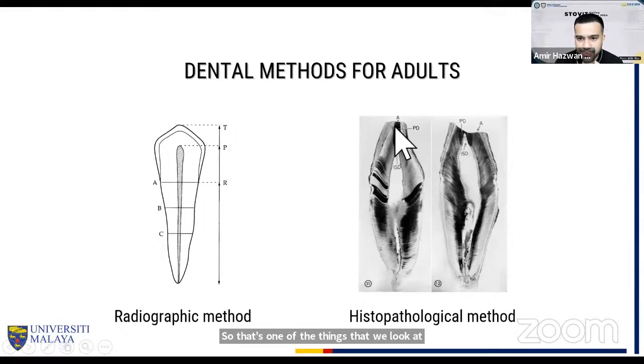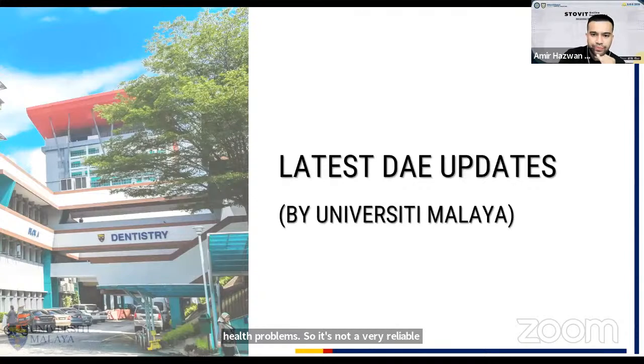Also, we look at gingival recession, attrition, things like that. But as you know, not just old people have gingival recession and attrition. Young people nowadays also have that kind of problem, from stress and health problems. So it's not a very reliable method to use.